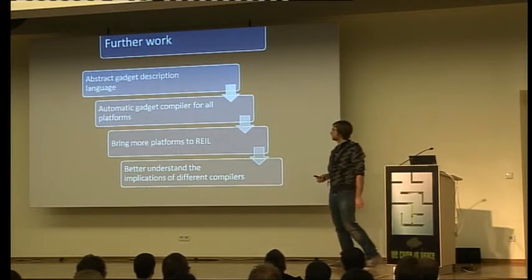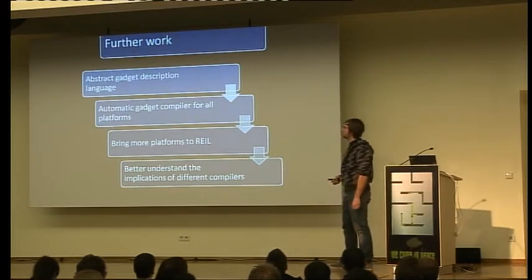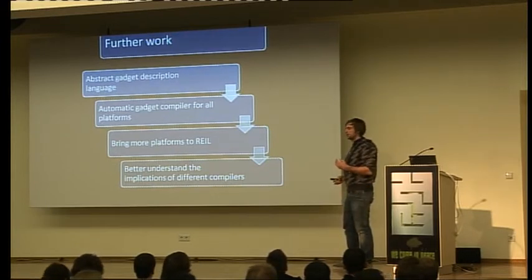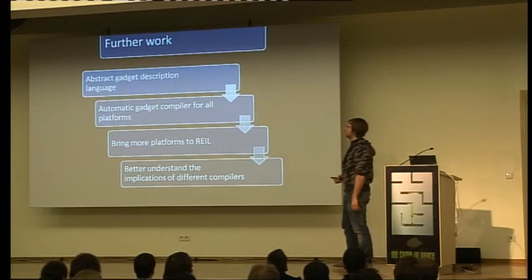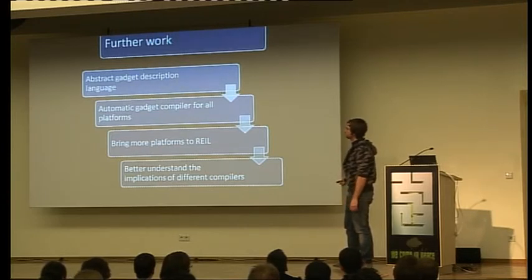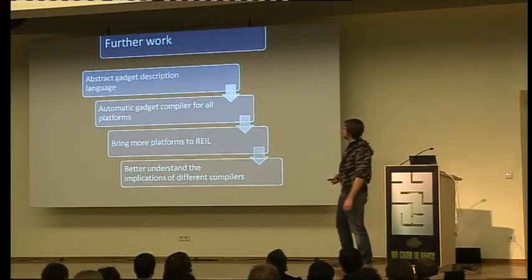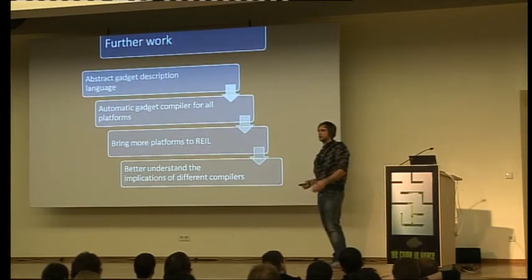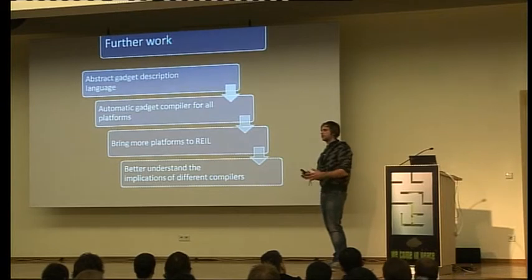But we haven't gotten around to defining this more than for the ARM case where we have shown it to work. Yeah, an automatic gadget compiler for all platforms, so that it's possible to not only use it on ARM but have it work on the whole thing.